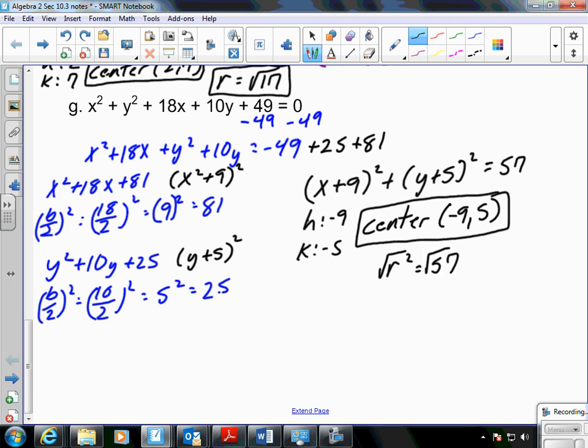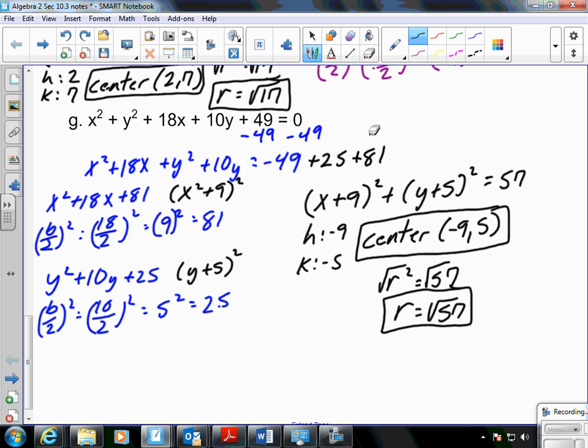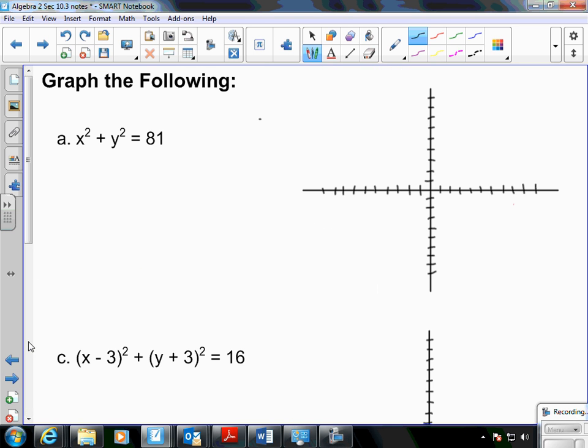And 57 is not going to reduce any, so it's just going to leave us with r equals the square root of 57. So that finishes this page. I'm moving over to the next page.